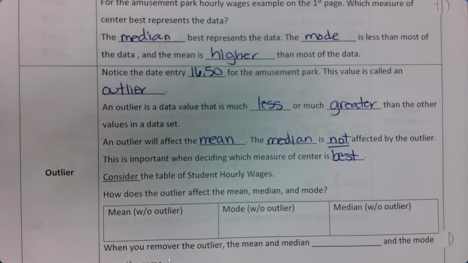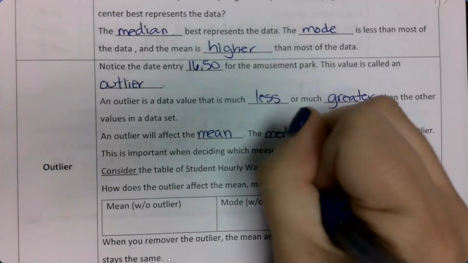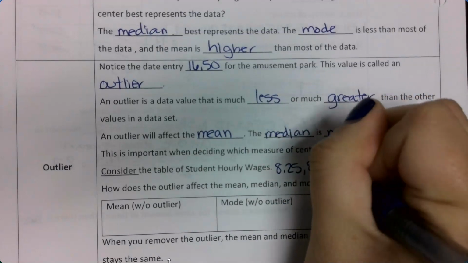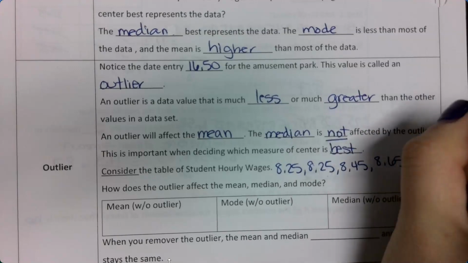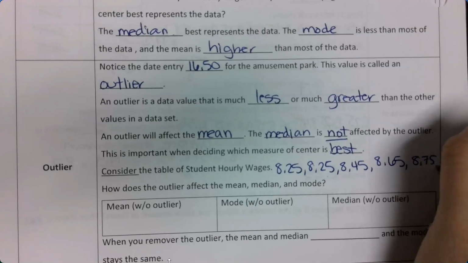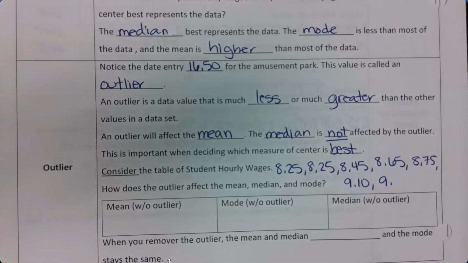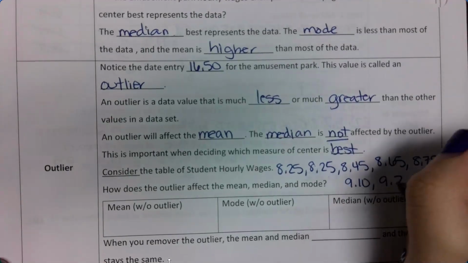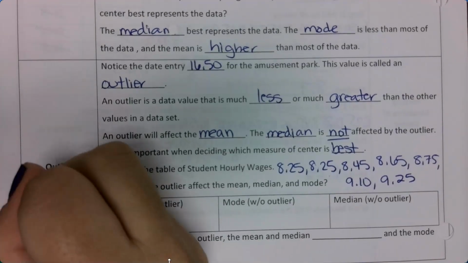Okay, so if I go back to the student hourly wages from the front, I'm going to copy those down. I want to take out my outlier, so I'm going to write down all of them except for that outlier. And I'll write them here so we don't have to flip back and forth. So the first thing I want to do is find my mean without my outlier. So I'm going to add up all of those numbers together.